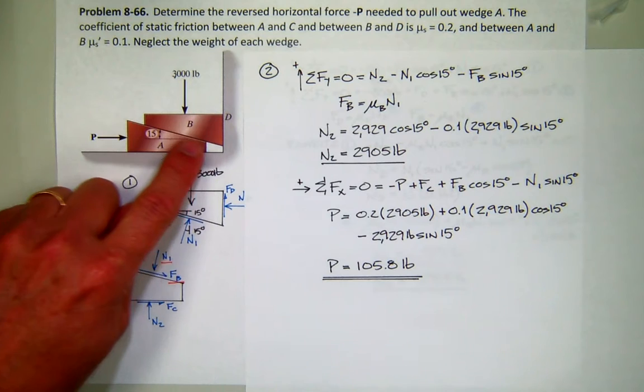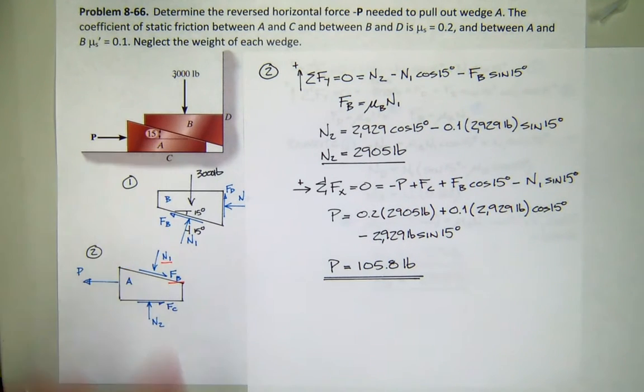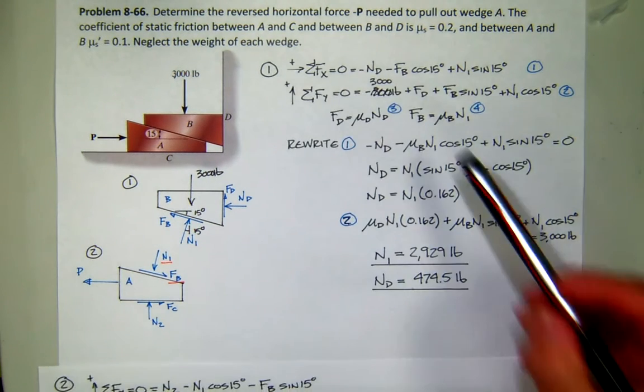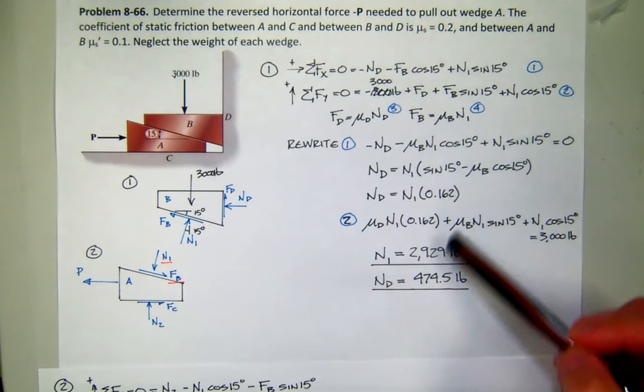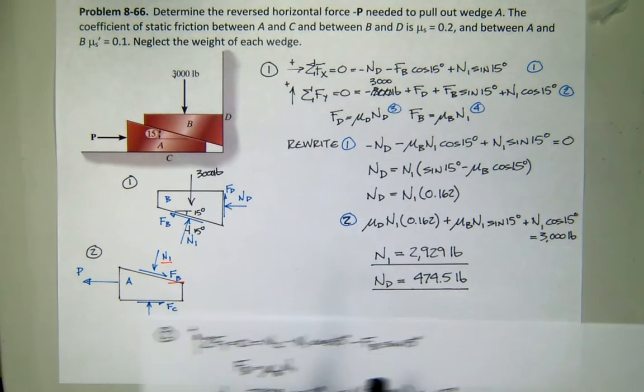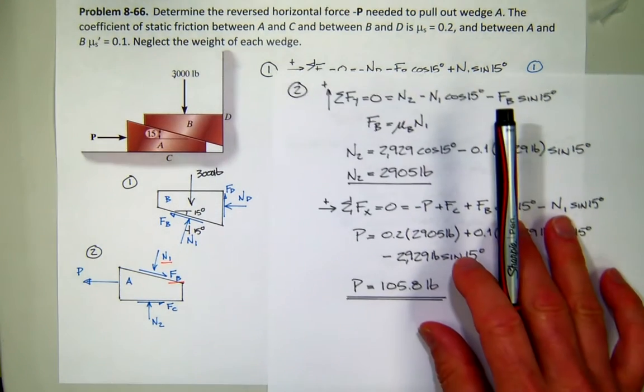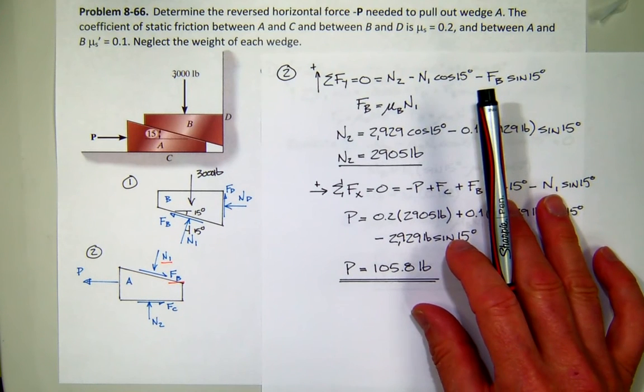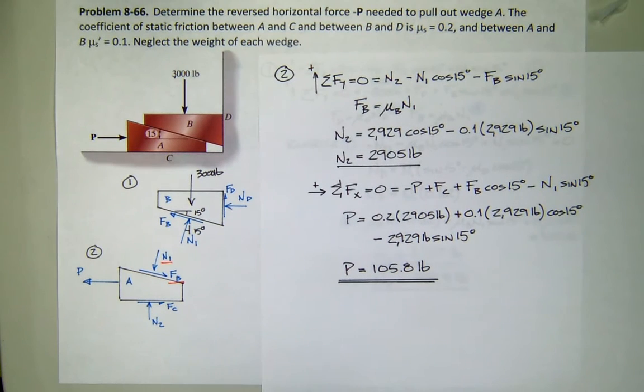Wedges give you that extra difficulty in that the normal and the friction forces are at some angle, which means they both have x and y components. And that's why you'll notice our equations can get a little complicated. So again, this is a good problem for homework and also for instruction, but really not one to be too concerned about.